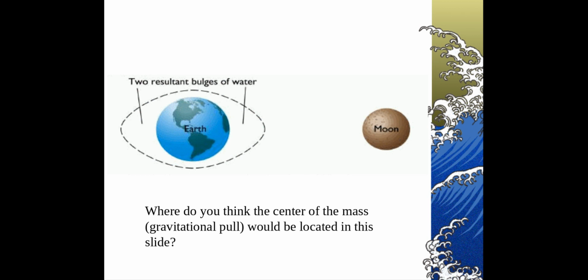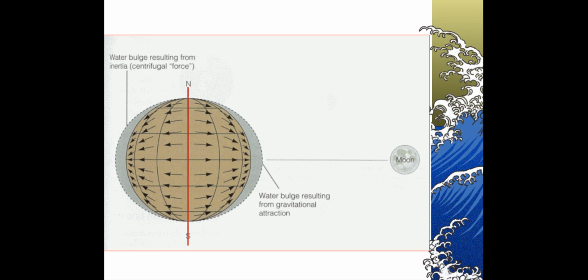So one bulge is due to gravity, and the other bulge is due to inertia. The side where the moon is, is due to gravity, and the opposite side is due to centrifugal force. Now notice that the center of gravity is in the middle.